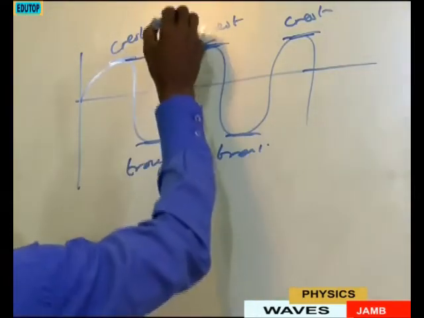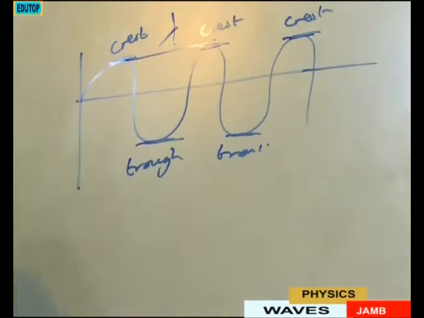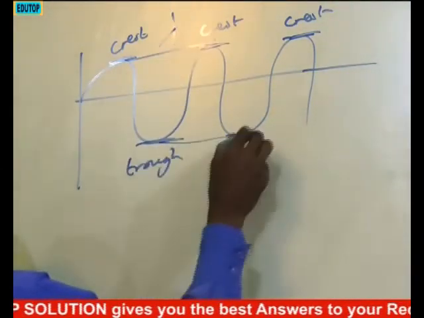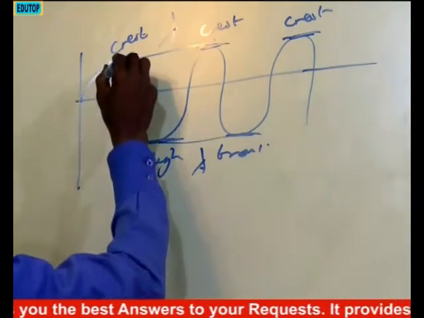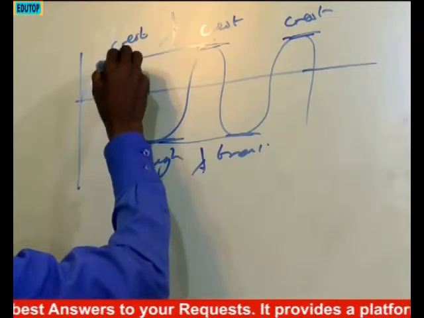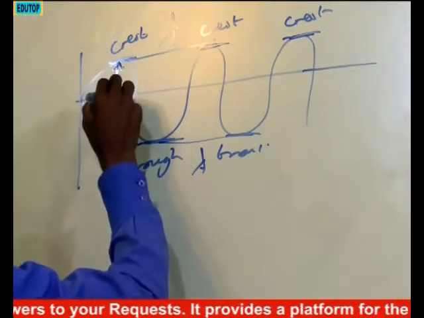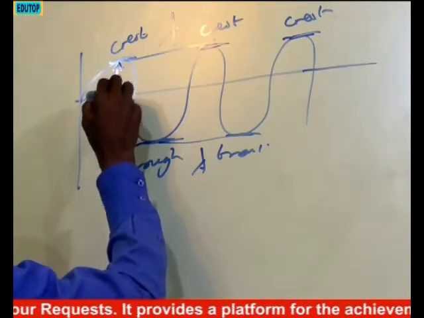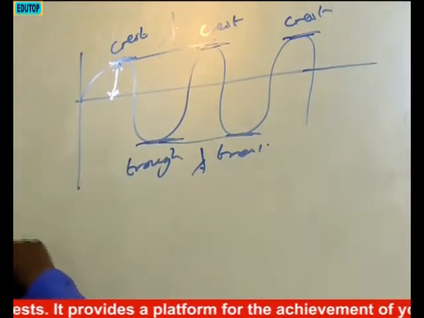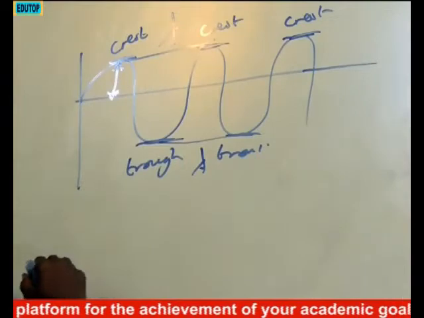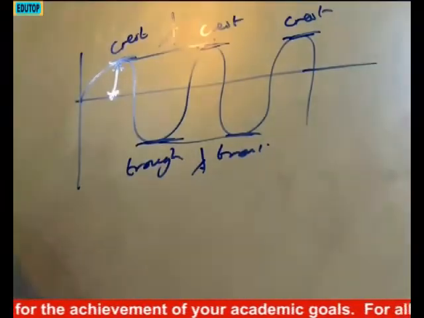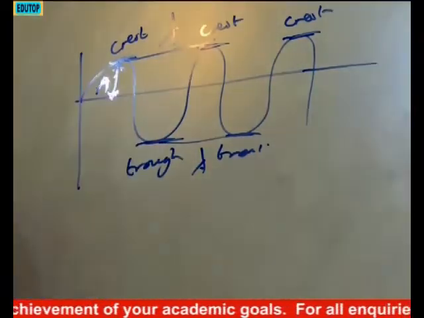This is the wavelength, the distance between two successive crests or two successive troughs. This is the wave amplitude, the maximum displacement undergone by a particle.